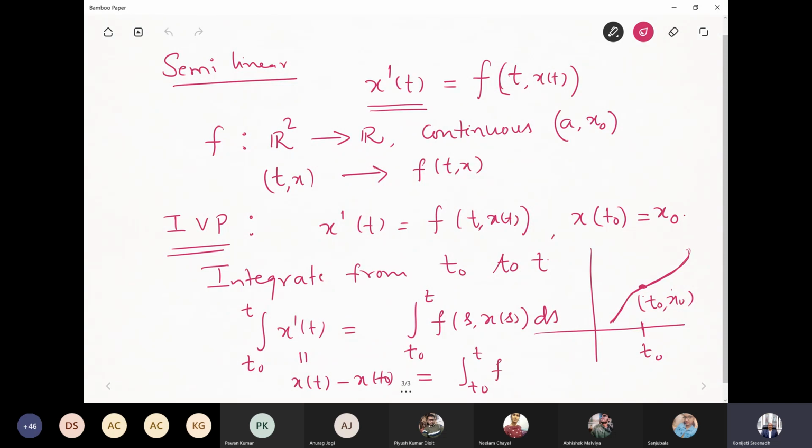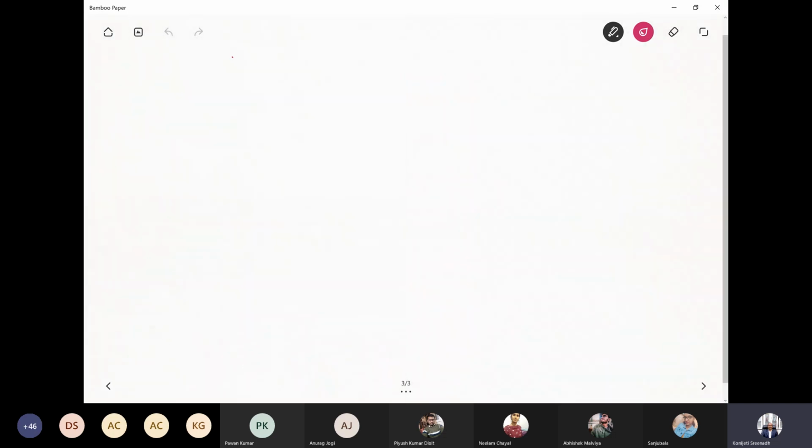So if I write the equation, x at t naught is x naught, which is given to us, plus the integral from t naught to t of f(s, x(s)) ds.